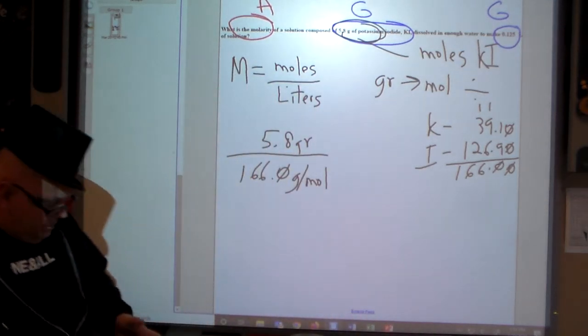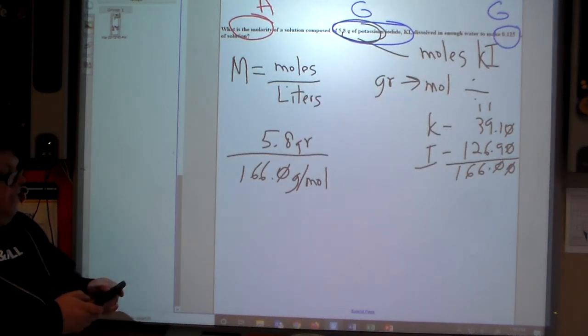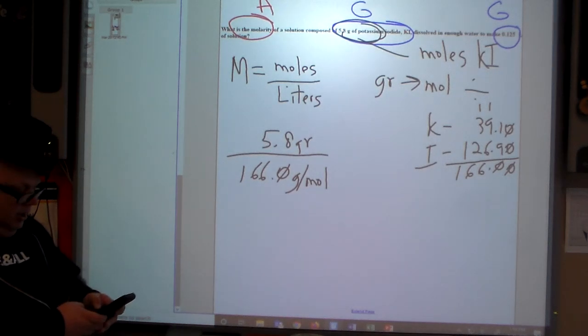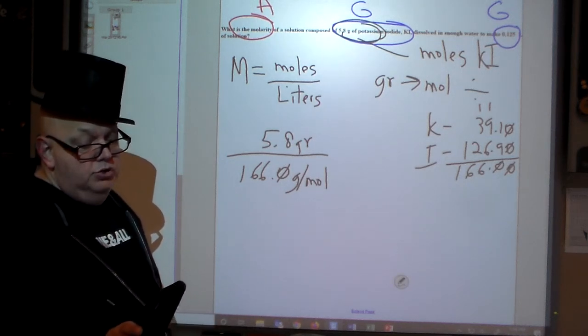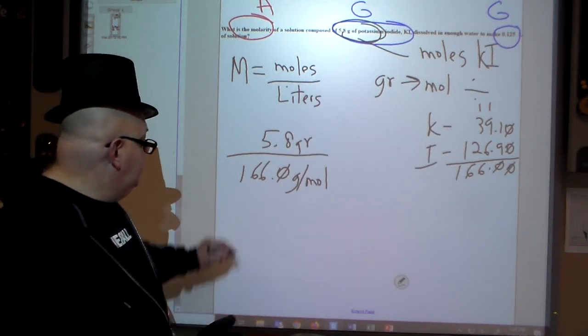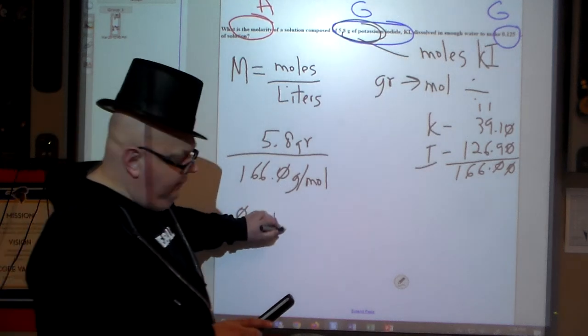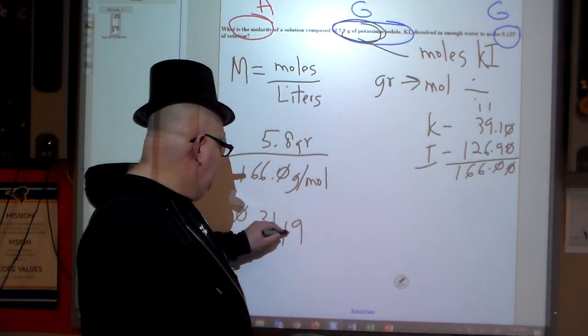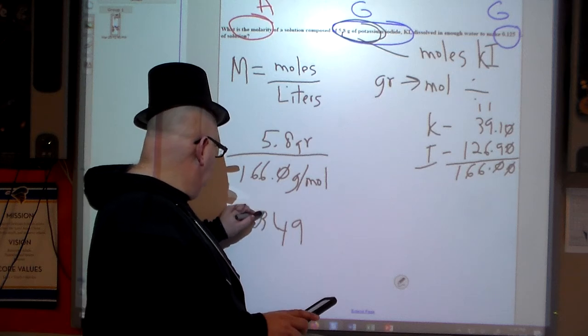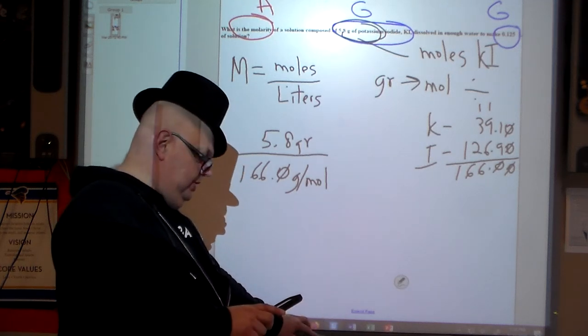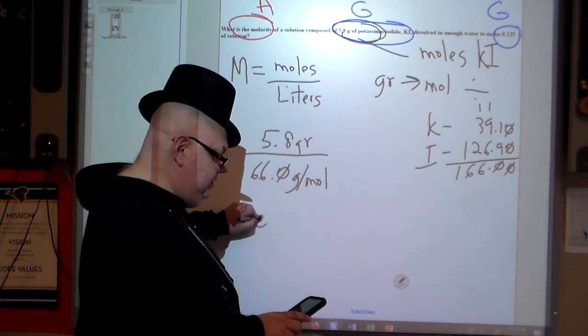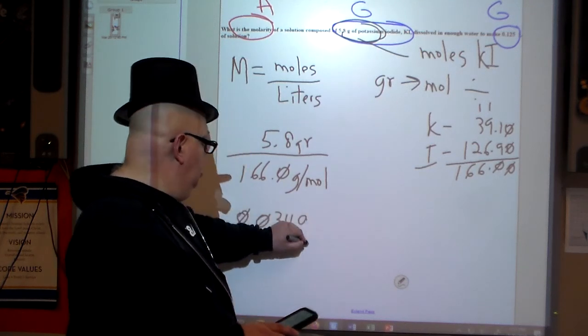With that, we can go ahead and put in our calculator 5.8 divided by 166. I'm going to round to 2 decimal places. I have 0.349. Well, on 0.0, the day is long, what can I say? It's going to be 0.0349.